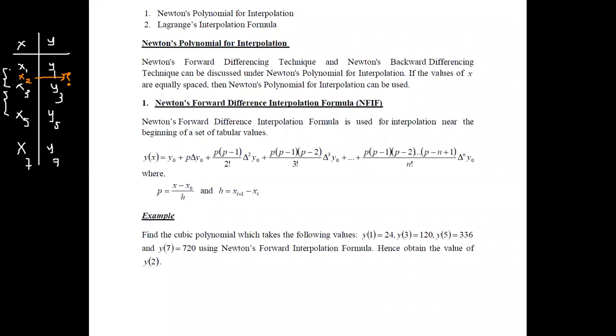The equation form of Newton's forward interpolation formula can be written this way. Here, yx equals y naught, the initial value we are considering for the data set, plus p times delta y naught, plus p times p minus 1 divided by 2 factorial times delta squared y naught.